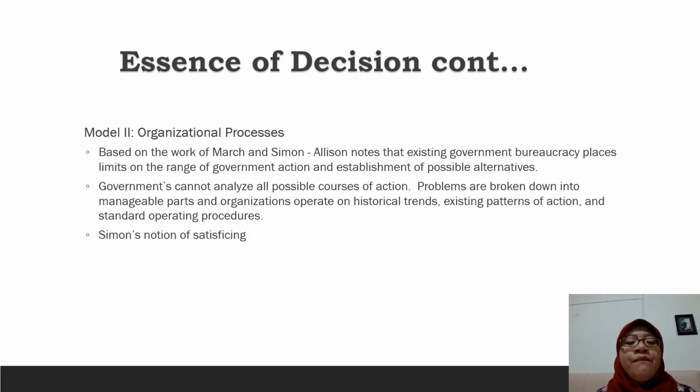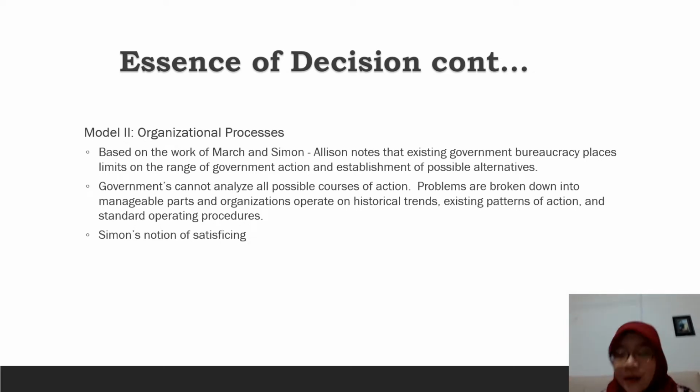The second one, organizational process. Usually, based on March and Simon and Allison, the existing government bureaucracy places limits on the range of government action and establishes the possibility of alternatives. The government cannot analyze all possible courses of action. So in this model, we operate on historical trends and try to see the patterns of actions.